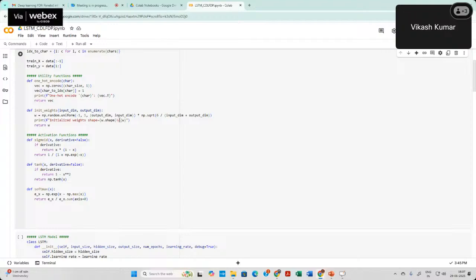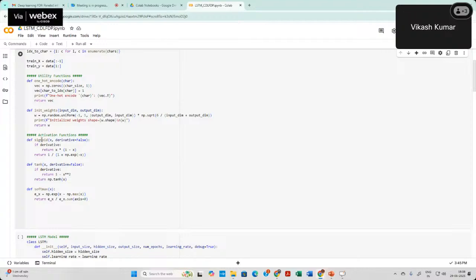This is the Xavier equation. We call it the Xavier equation to initialize the weights so that the vanishing gradient problem can be minimized. And either you can define your own sigmoid, how you are going to compute the derivative. So you can take it in this way, because this is the derivative value, not the sigmoid value.